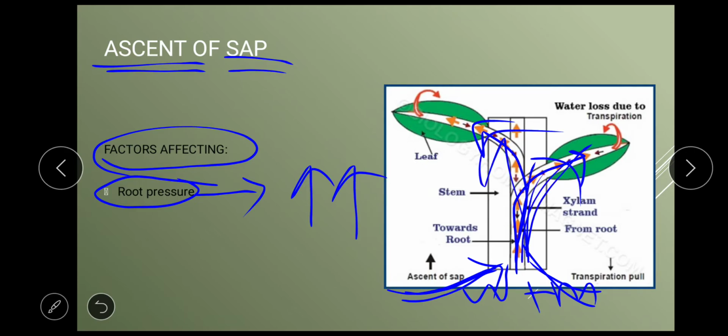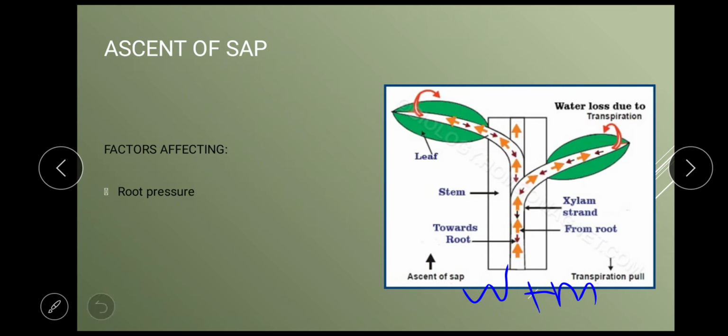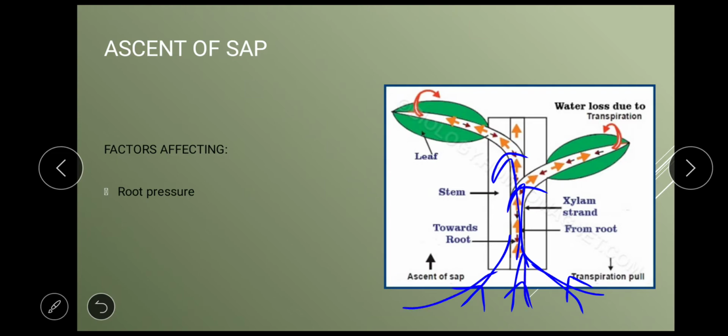Okay, they will keep pushing it up. Okay, so see, these are the roots, ने पानी लिया and they will keep pushing that water up in the plant. Okay, so that वो और पानी ले सके. Correct.